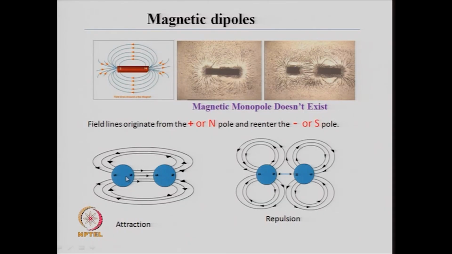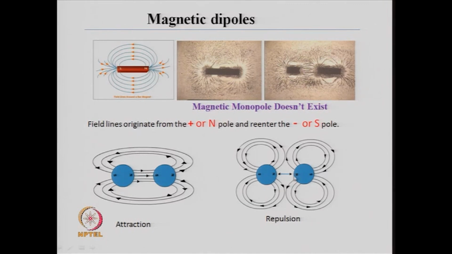If you bring two magnetic dipoles close together, that means you have a magnetic dipole here with north and south, and you have another magnetic dipole with north and south, then they will attract if the north and south face together, because the lines of force can follow in a continuous path.